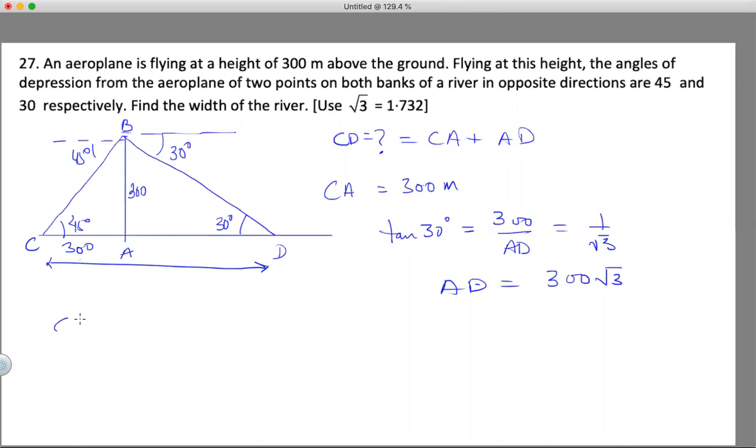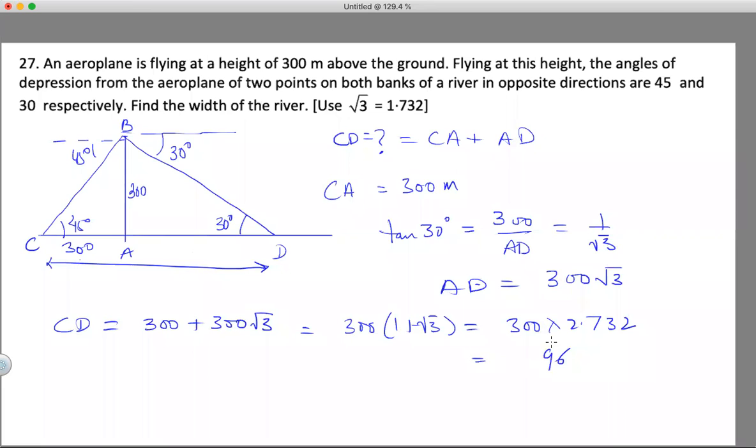So CD is equal to 300 plus 300 root 3, which is, taking 300 outside, 300 into 1 plus root 3, which is 300 into 2.732, and we get 819.6 meters.